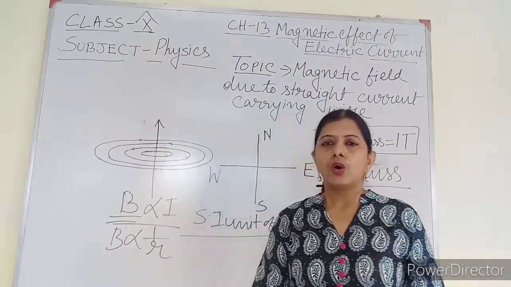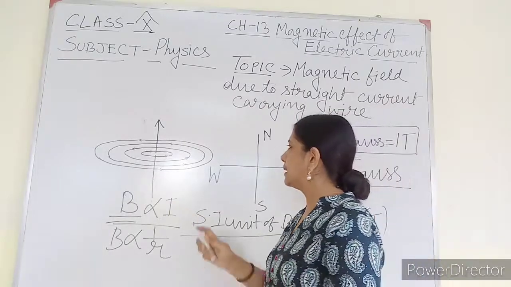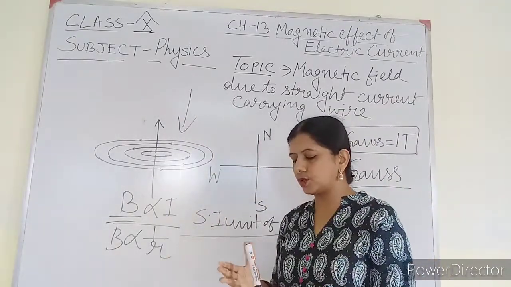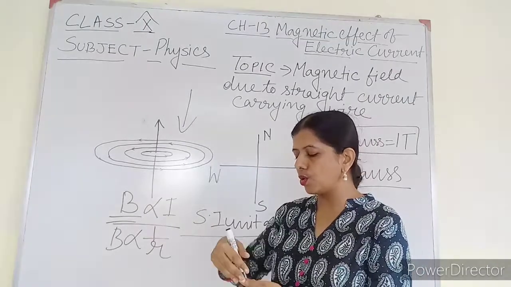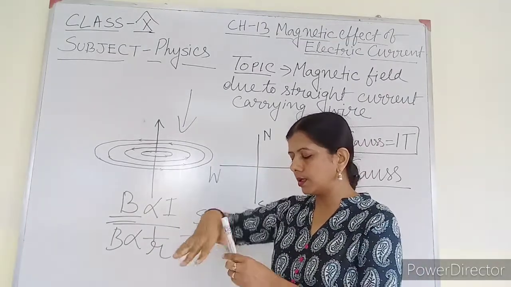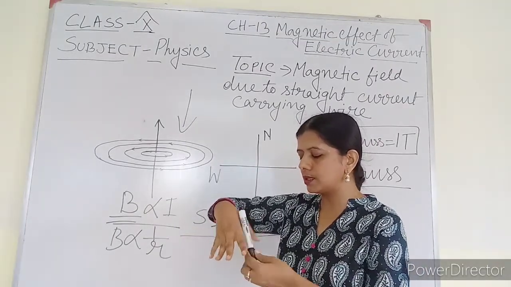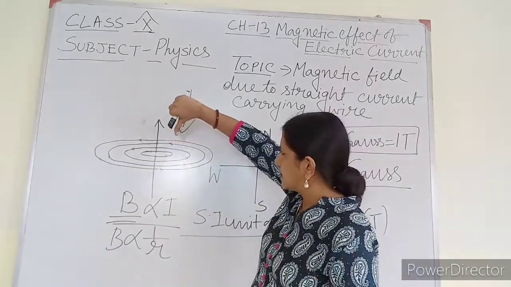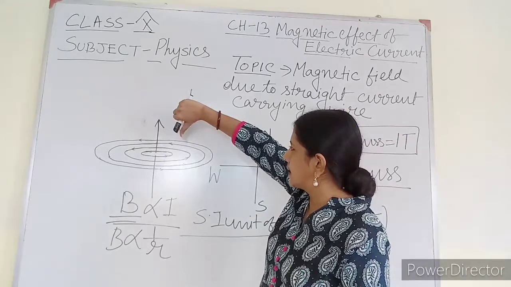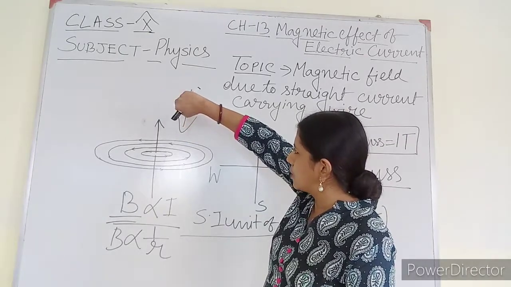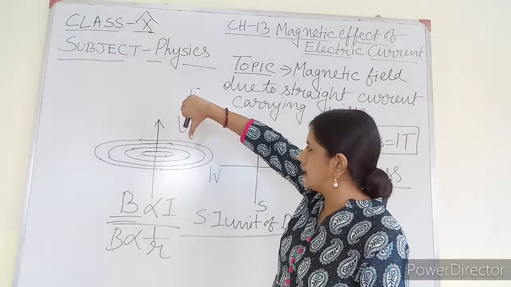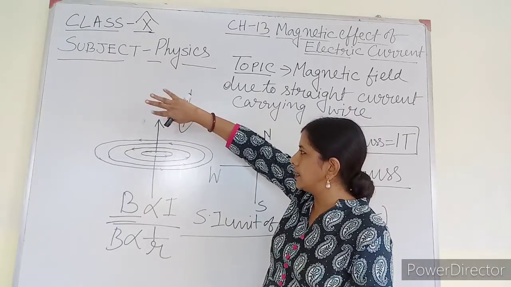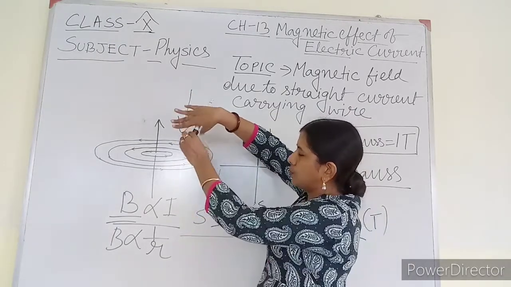On the other hand, if the direction of current is in this direction, that is south direction, how am I going to hold it? The thumb will point towards this one. So this is the holding. The thumb is pointing in this direction. Now I have to find out the curl. The thumb is towards south and it is curling in which direction, that I have to find out.